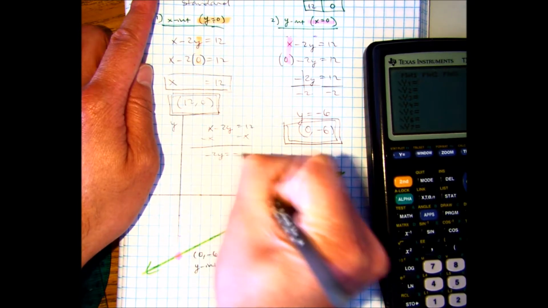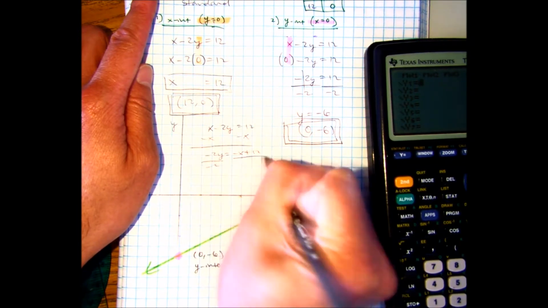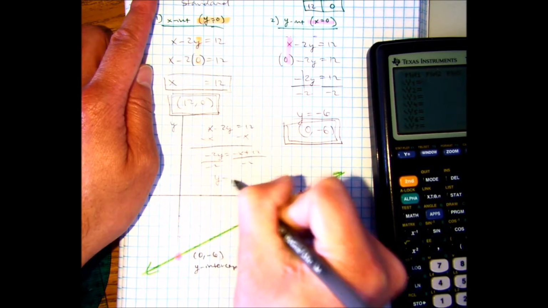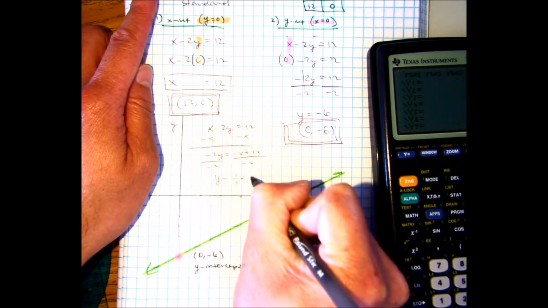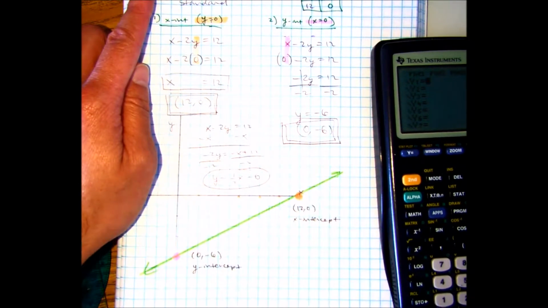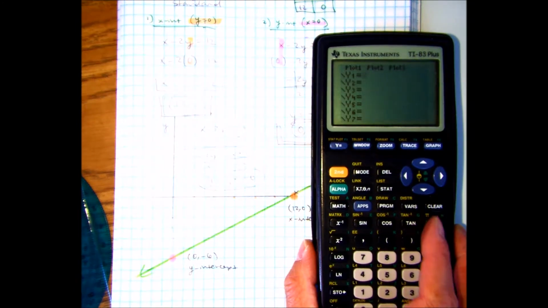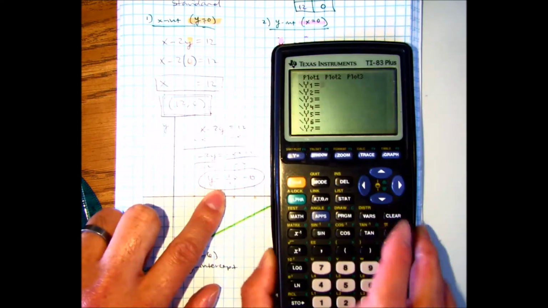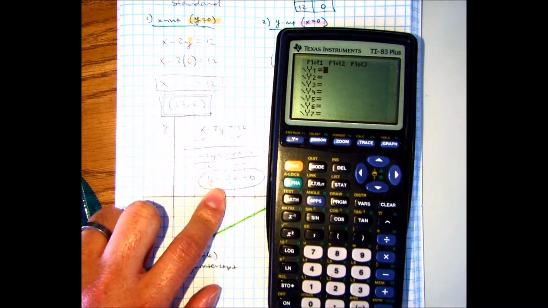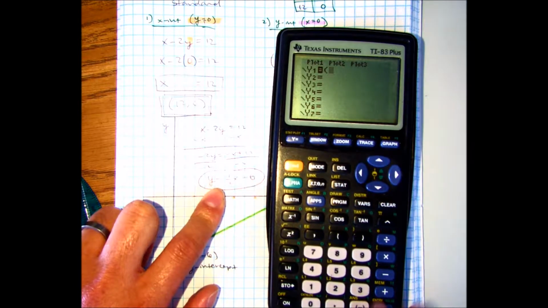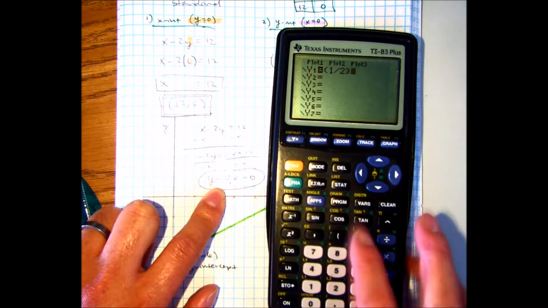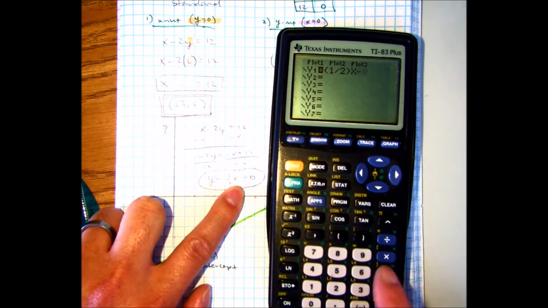Negative 2y equals negative x plus 12, divided by negative 2. y equals 1/2 x minus 6. Let's put that in our calculators. To do 1/2 x, you can turn it into a decimal, or you can just put it in parentheses. 1 divided by 2, x, minus 6.